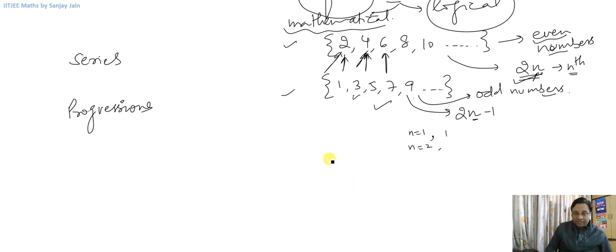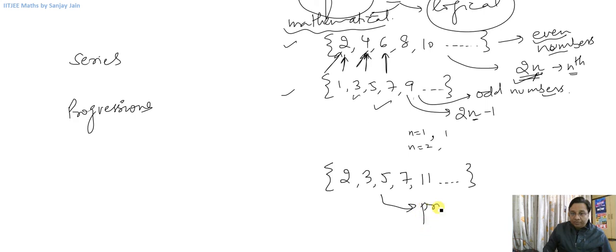Now, let me write another sequence. 2, 3, 5, 7, 11, and so on. This is a sequence of prime numbers, right? Now, this is a sequence, but it doesn't follow a mathematical rule for its nth term.